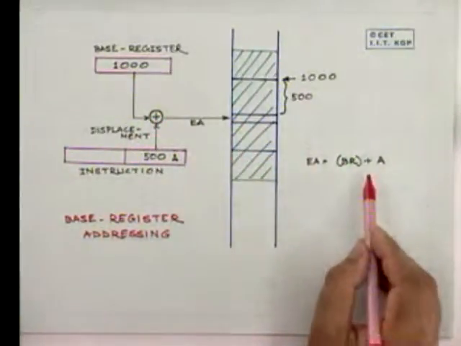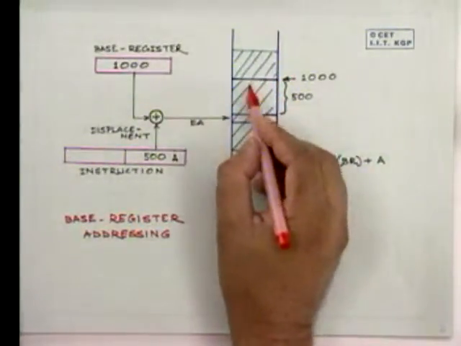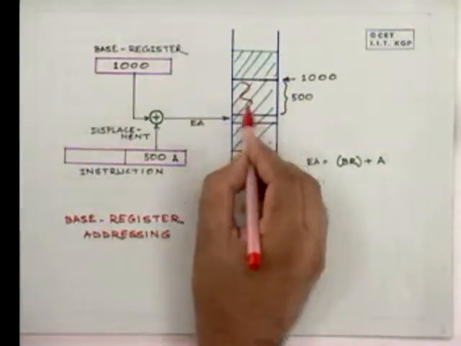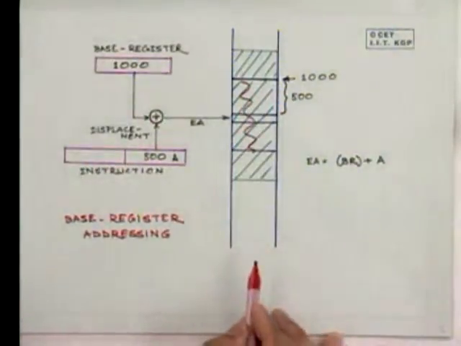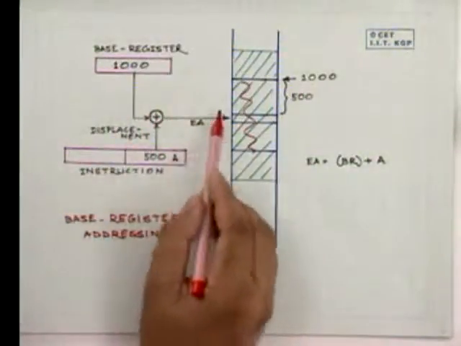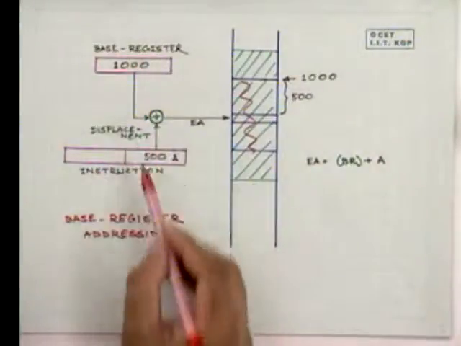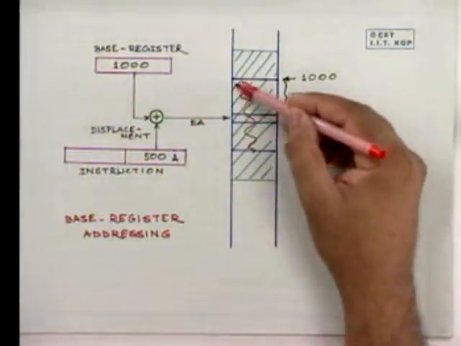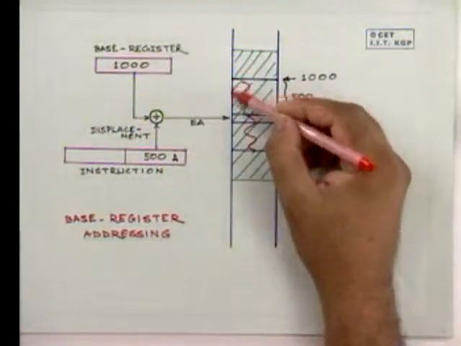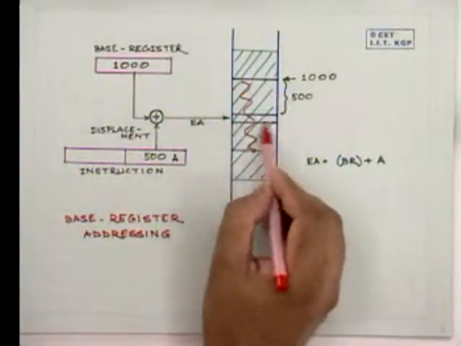Now let's see how this can be useful. Say this is a data area in a program. What we can do is this: the base address of that data area, which is 1000, can be loaded in the base register, and the displacement in terms of the base register can be specified in the instruction itself to come to the particular location.